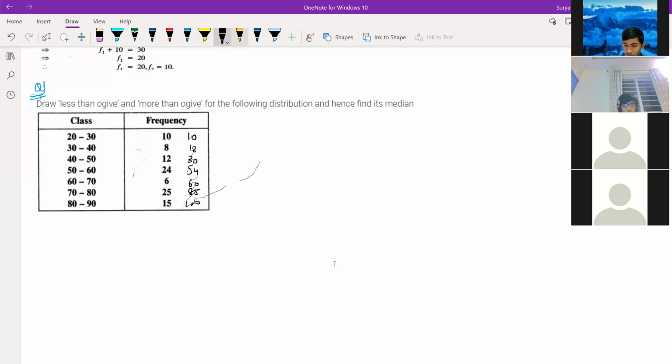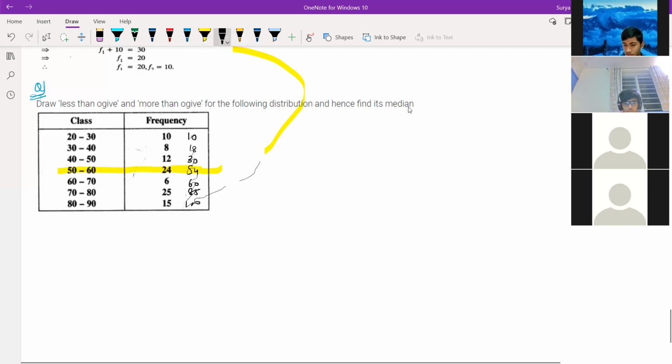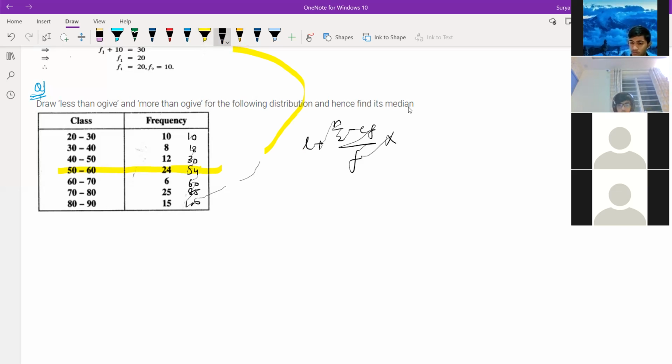CF lies from 50 to 60, this only, right? Yes. So the formula is what? L plus N by 2 minus CF divided by F into H. What is L here?